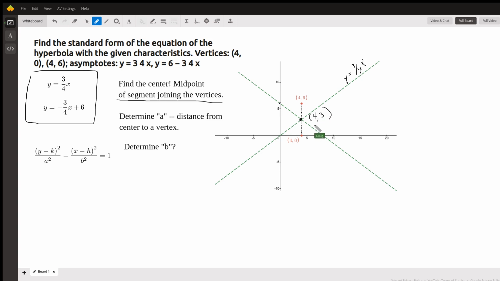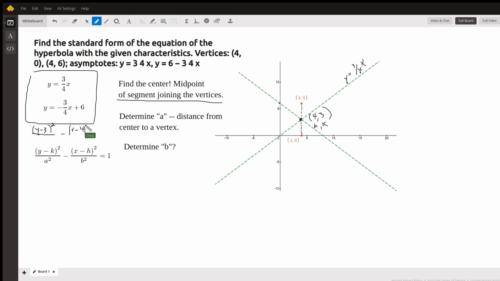And this is like the h and the k in the general form for the equation of a hyperbola. So at this point, we have (y minus 3) squared over, well, we've got to figure out what a is, minus (x minus 4) squared.